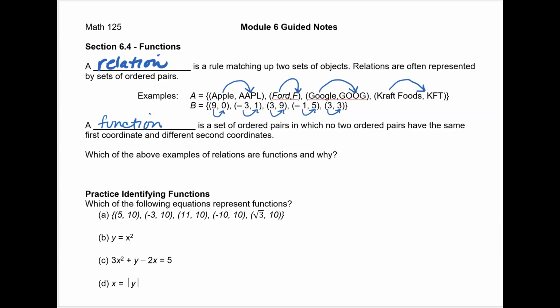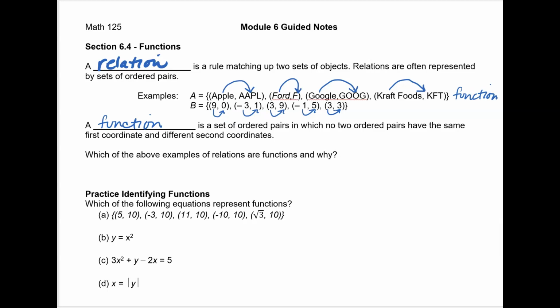Let me say that again. Every x value or first coordinate only goes with one y. As an example, let's look at A and B here and decide if these are functions. Every company only has one stock abbreviation. That would be true, so this would be a function. For the second example, this would not be a function.